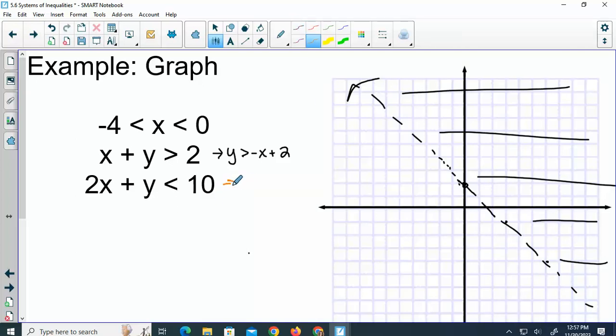Bottom one, your y is less than negative 2x plus 10. So 10, slope of negative 2.